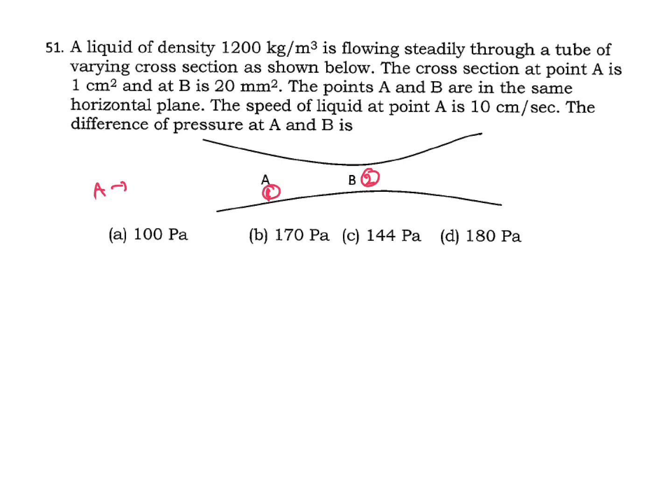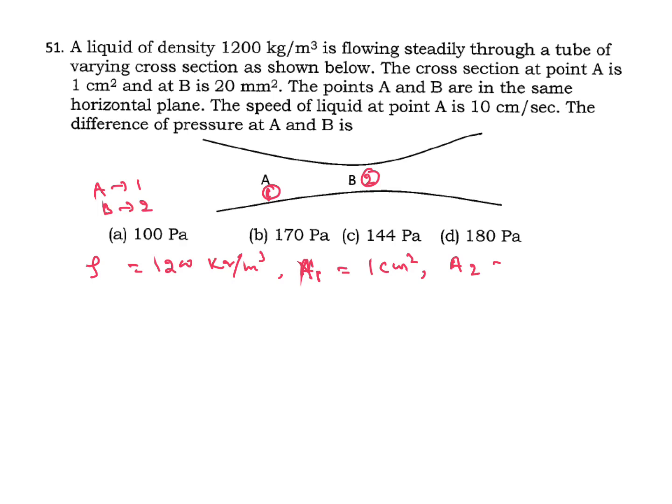We will apply Bernoulli's equation here. First, the data given are density 1200 kg per meter cube. The cross section at point A1 is 1 centimeter square and at B 20 mm square.